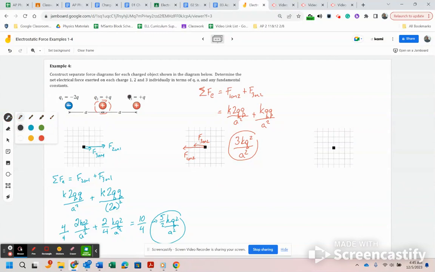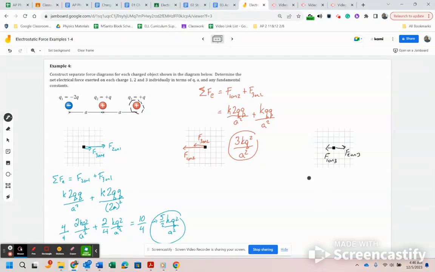And then finally, if we look at Q3, Q3 is going to be pushed to the right by Q2. So this would be the force of 2 on 3, and it will be pulled to the left by Q1, which will be the force of 1 on 3.